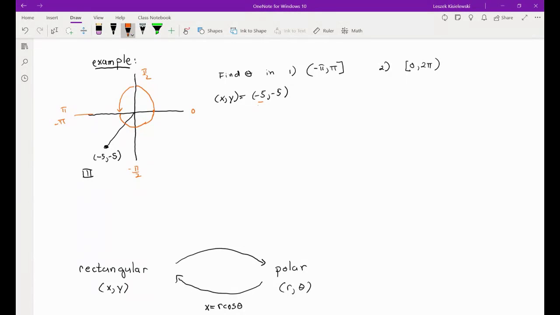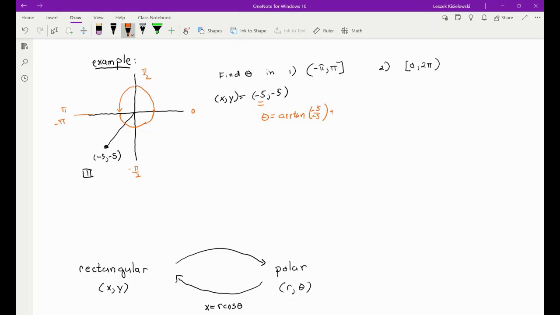So since the x-coordinate is negative, I can get theta as arctangent of y over x. So arctangent of 1 is pi over 4.